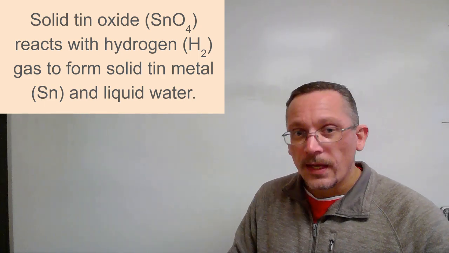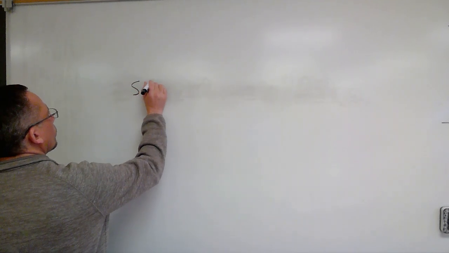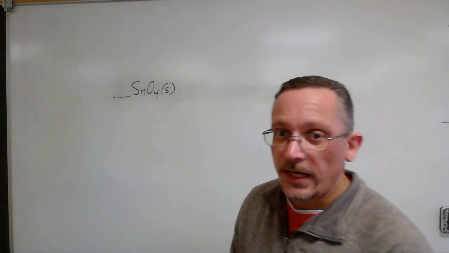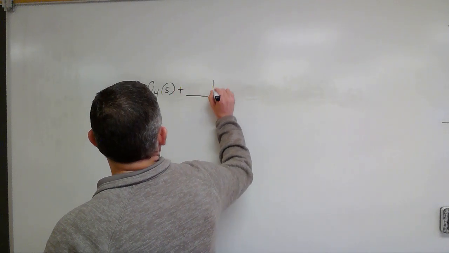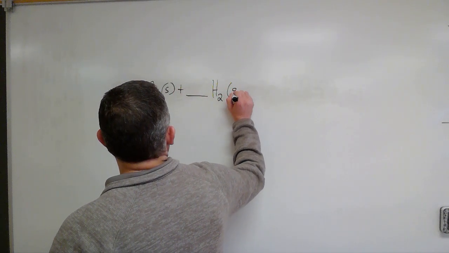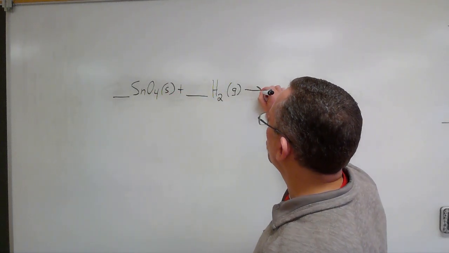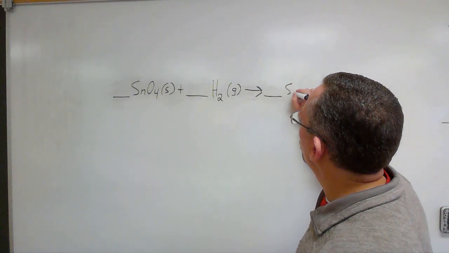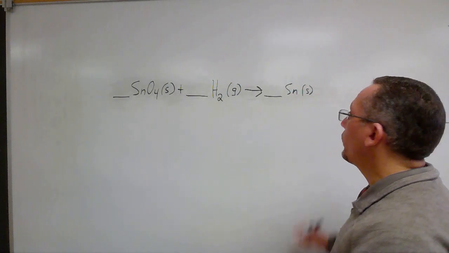So it says solid tin oxide, reacts with hydrogen gas, to form, that's where my arrow goes, solid tin metal, solid tin, and liquid water.